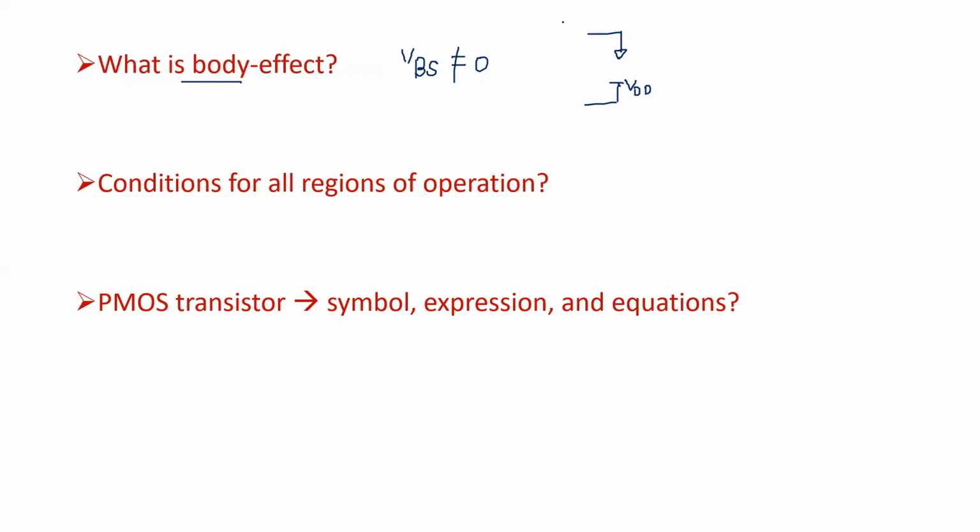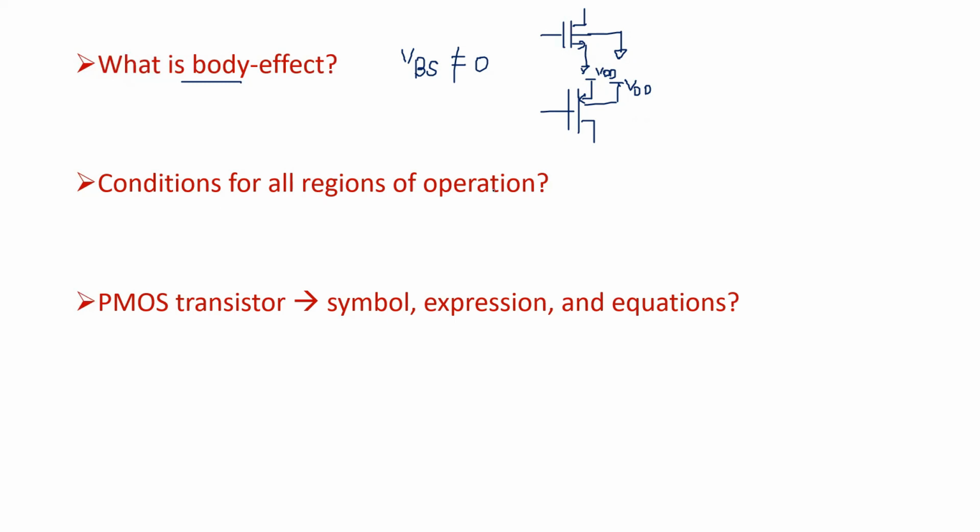If it is your NMOS, then the body is connected to ground. And if it is a PMOS, your body is connected to VDD, the more positive potential. If the maximum positive potential of the system is VDD, then the body is connected to VDD for PMOS.